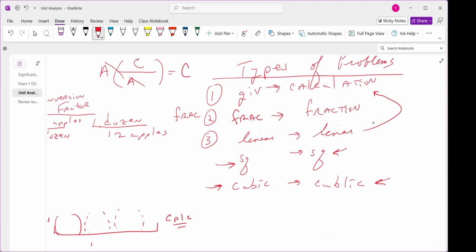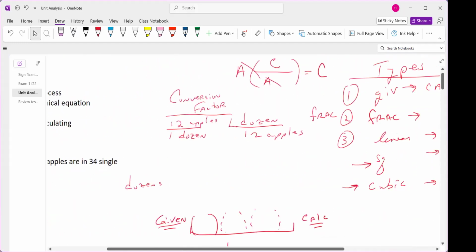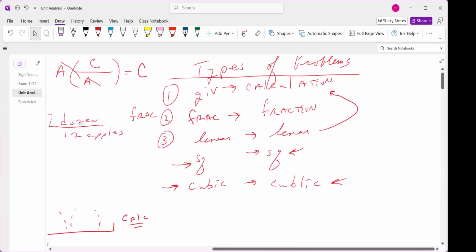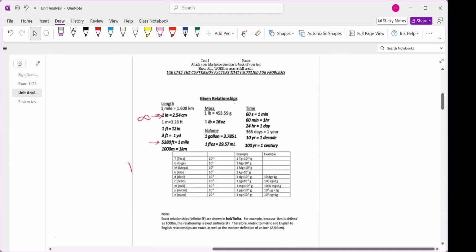So I'm going to go through a bunch of examples today using each one of those sets. The easiest one that most people kind of cling to is linear to linear. Okay. And also for dry lab today, this is page 1 of your dry lab that I've modified. This is so much better than the one that's in your lab packet.